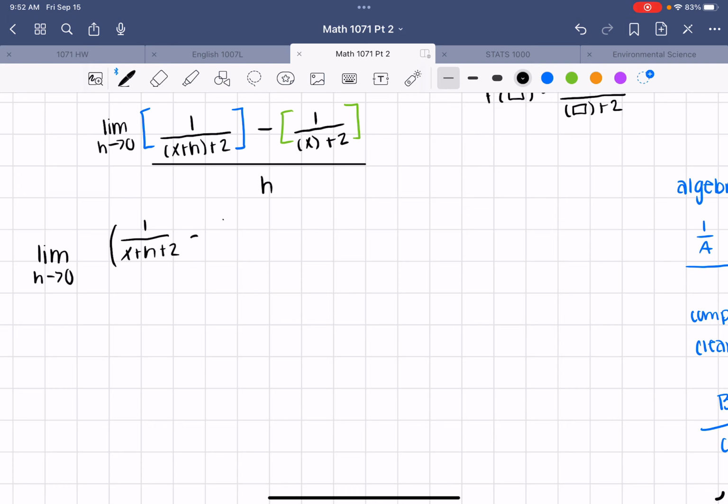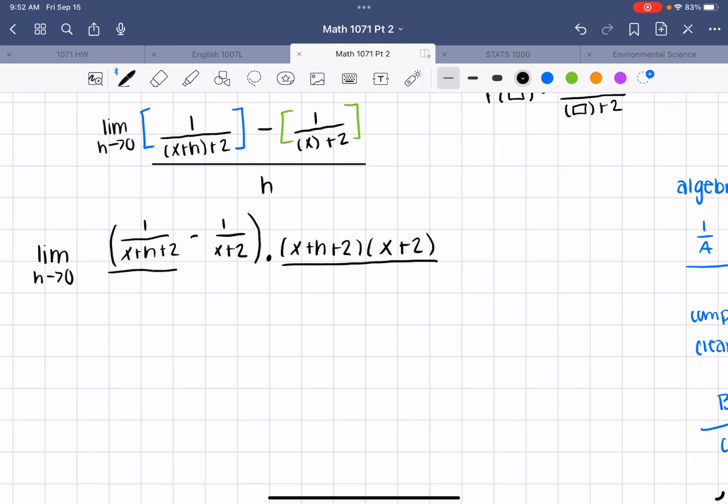And now you see why it works. Because you're going to take this product and you're going to distribute it there, and you're going to distribute it there. And each denominator cancels. So you're left with the limit as h goes to 0 of, when you distribute here, you only have the x plus 2 left.